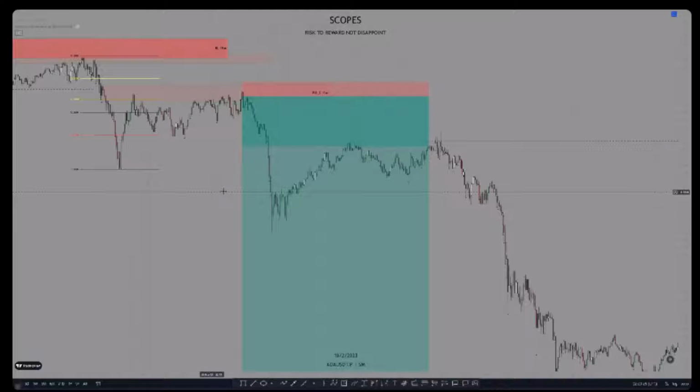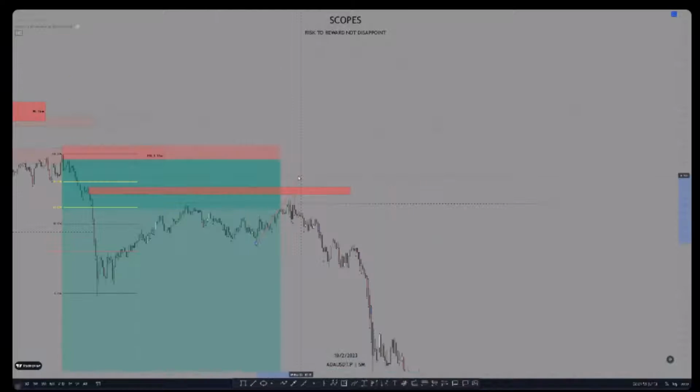But if it breaks this area strongly, or if it breaks it and then wicks and comes back down, I would have been happy to stay in that trade. It would have given me confirmation, but as you can see, it touched an area I would have traded anyway, but because I have my stop loss above this high, it just killed me.